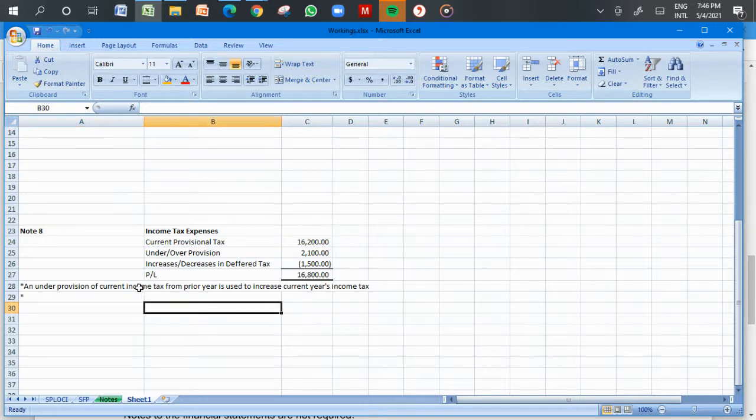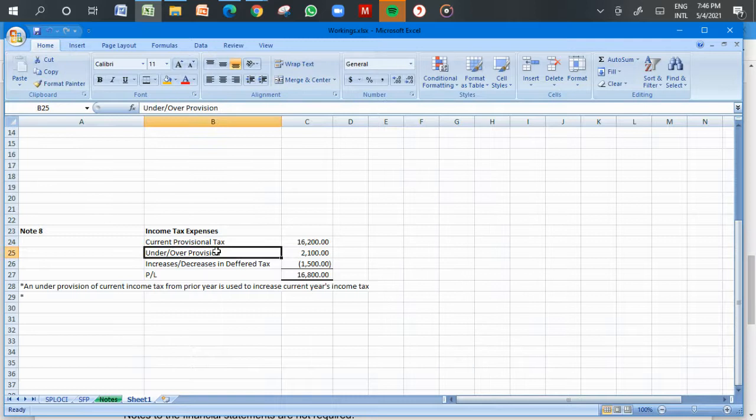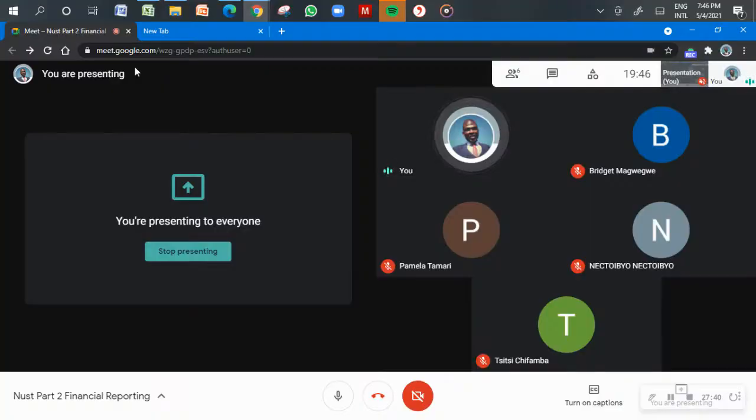So this one, I want to throw the question to the floor. Why do we have to add the 100? I explained this yesterday. So why do we have to add the under provision instead of subtracting it? If anyone can volunteer. We have Nitt-Gritt volunteering.